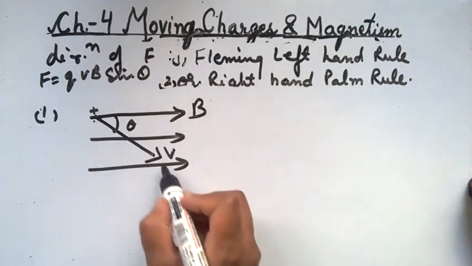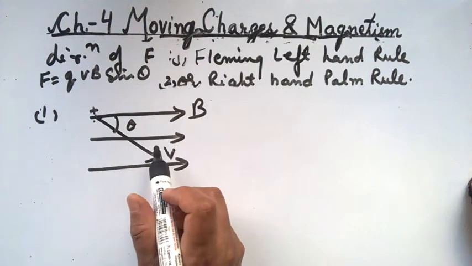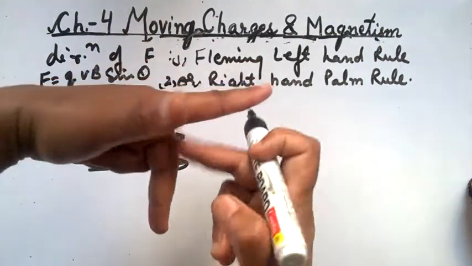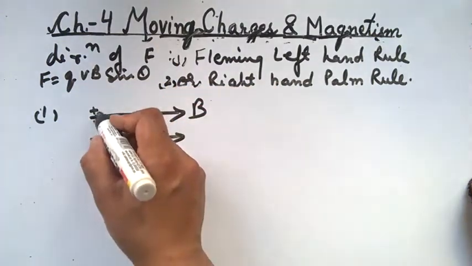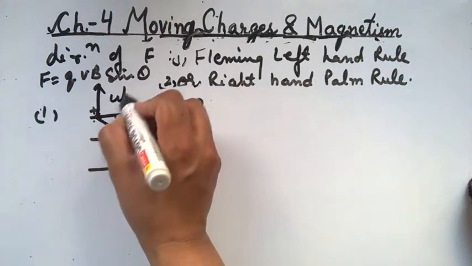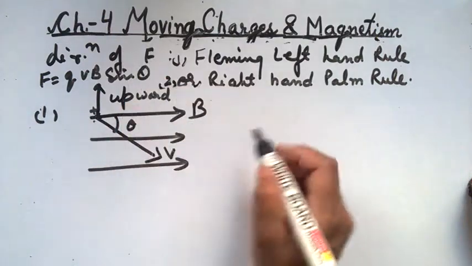So we will consider it in this way. This is the magnetic field. This is the radially outward direction of current. So thumb points in upward direction. So the force experienced by positive charge is in upward direction.